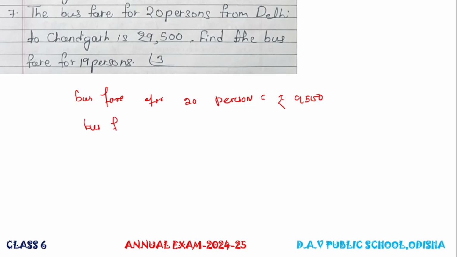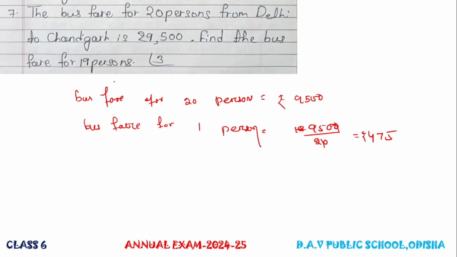Now find bus fare for one person equal to 9,500 by 20. 0 cancel. 2 fours are 8, 2 sevens are 14, 2 fives are 10, that is 475.